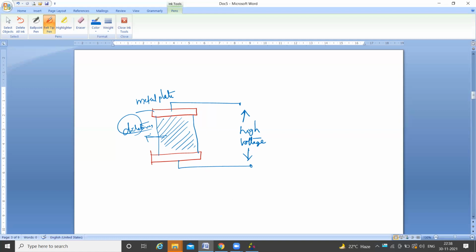And when we apply high voltage, the equivalent circuit will be like this.